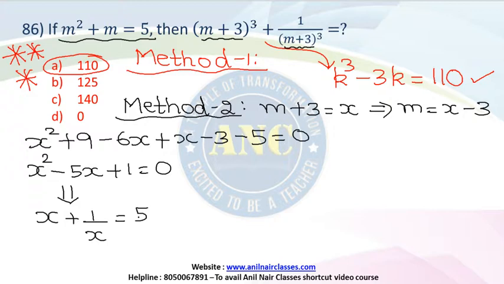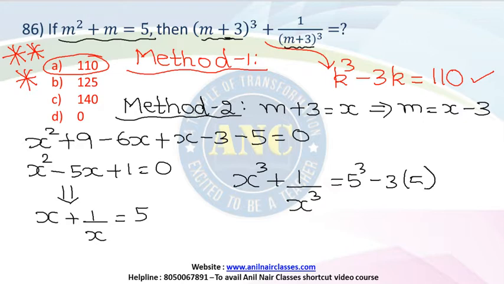Now the question asks for m plus 3 whole cube plus 1 by m plus 3 whole cube, which is x cube plus 1 by x cube, equal to k cube minus 3k. It is 5 cube minus 3 into 5, that is 125 minus 15. The answer is 110, which is option A.